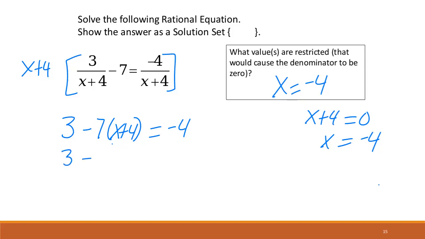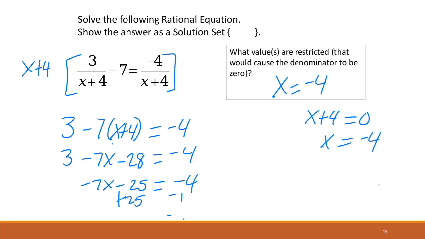So then I'm going to distribute. Make sure you carry that negative when you distribute. And then combine like terms. I'm going to add 25 to both sides.